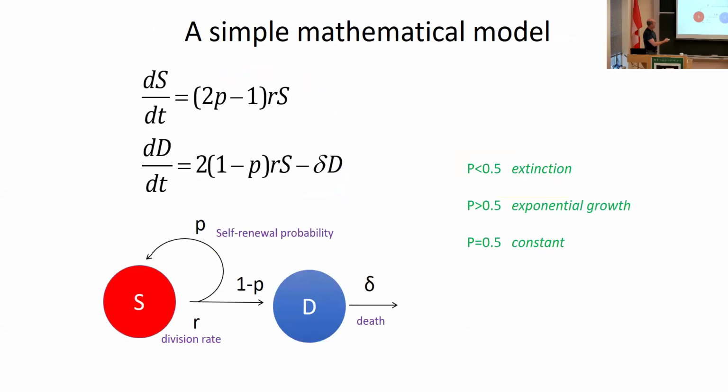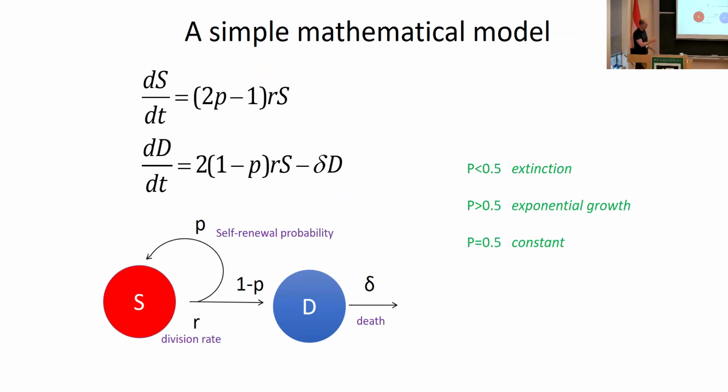And so in this particular system here, it's not a very stable system. Your p, the probability of self-renewal, has to be exactly 0.5 in order for the system to be stable, because if it's bigger than 0.5, then the population grows, because the self-renewal is bigger than differentiation. If the self-renewal probability is less than 0.5, the population declines, because cells differentiate out more than they self-renew, and so it needs to be exactly 0.5.